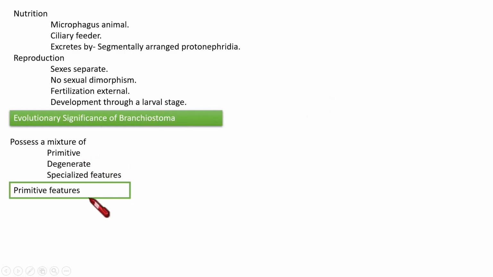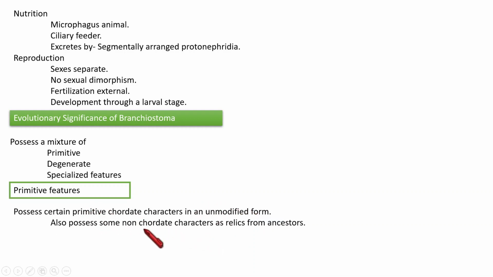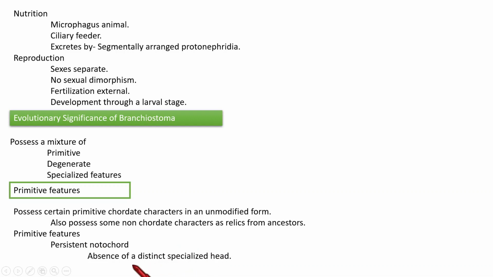So let's see which are the primitive features it possesses. It possesses certain primitive chordate characters in an unmodified form, and also it possesses some non-chordate characters from its ancestors as a reminiscence of its ancestry. So, let's see which are the primitive features. Persistence of the notochord and absence of distinct specialized head.